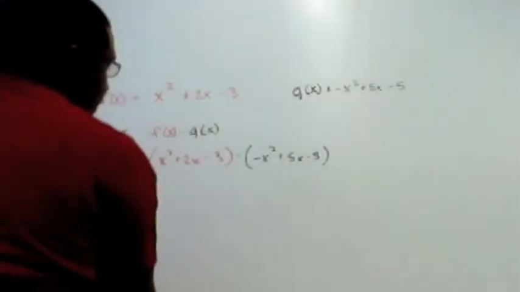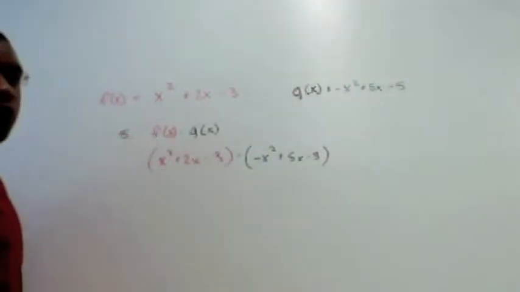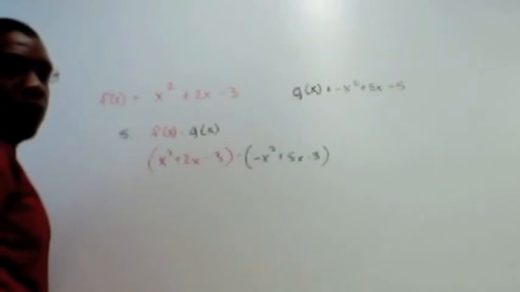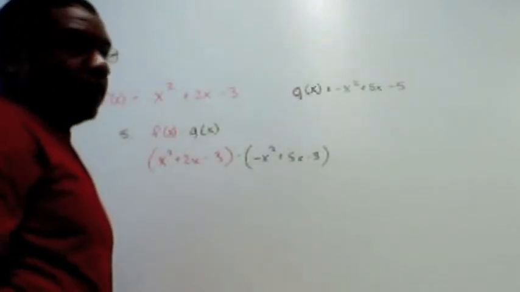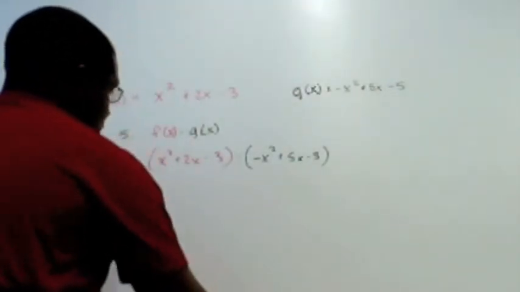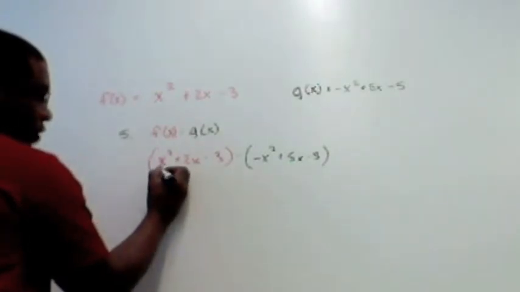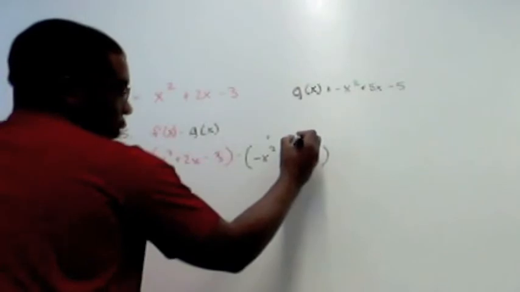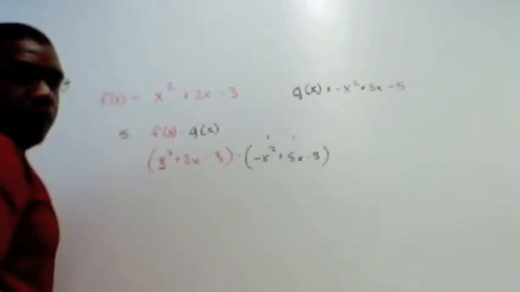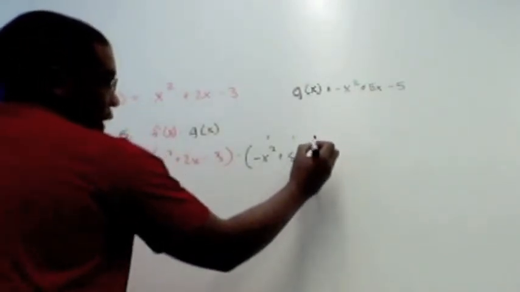Now when I multiply these out, I have to actually distribute or multiply each of my f of x values by each of the g of x components too. So basically I'm going to take my x squared and multiply that by negative x squared, by 5x, and by negative 5.